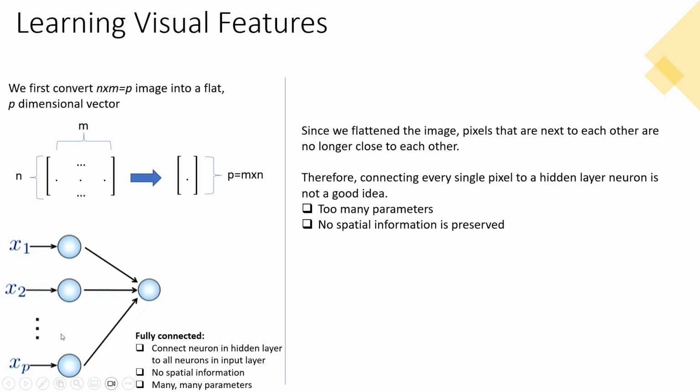But if we do this, we have seen that we cannot preserve the spatial information. We cannot make use of the information that a pixel is the neighbor of another pixel. And if you lose this information, it's quite difficult to do edge detection, because edge detection relies on the fact that a pixel is a neighbor of another pixel.